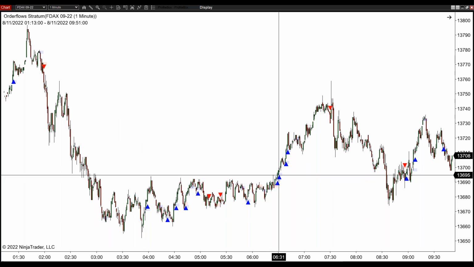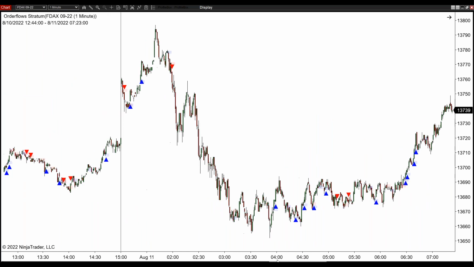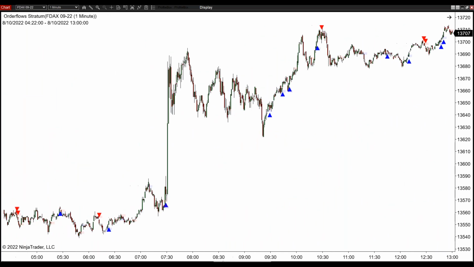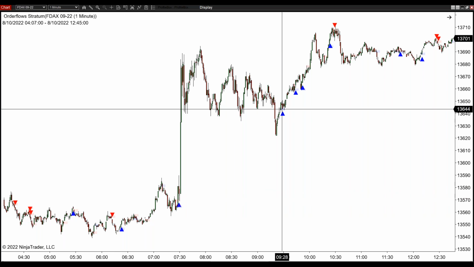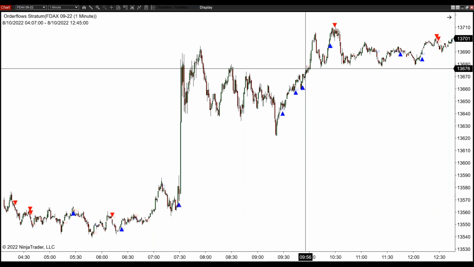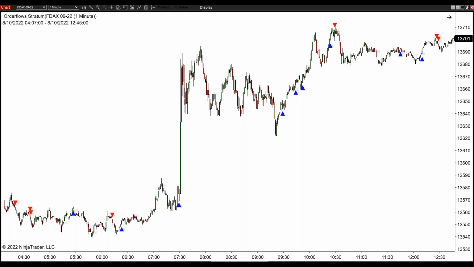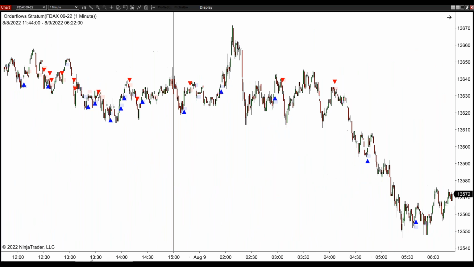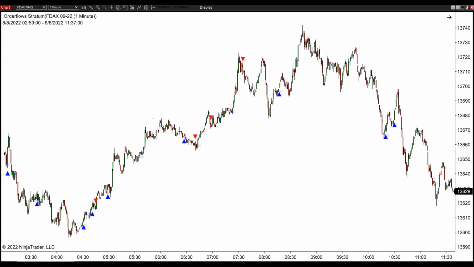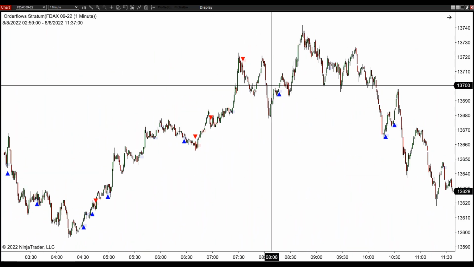You can see this nice move here, some nice little moves here. The day before, before the CPI in the US came up, nice move there. Even the day before. So you can see these nice moves here, right? Moves up, down, back up.